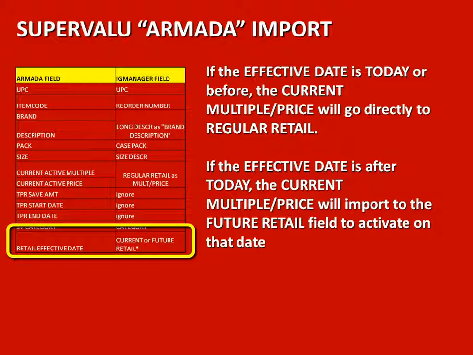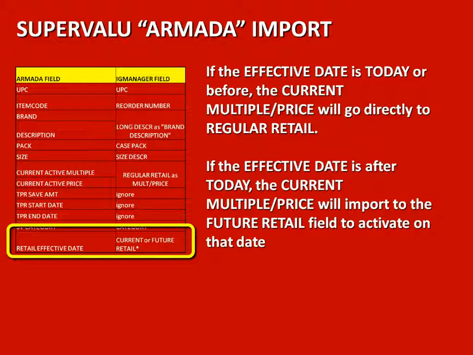The last thing we're going to manipulate a little bit is the retail effective date. The retail effective date says that on this date, that current active multiple and current active price are supposed to be active, hence the name effective date. So if you're reading in this file and the effective date is today or before today, we're going to treat this as a change to the current regular retail.